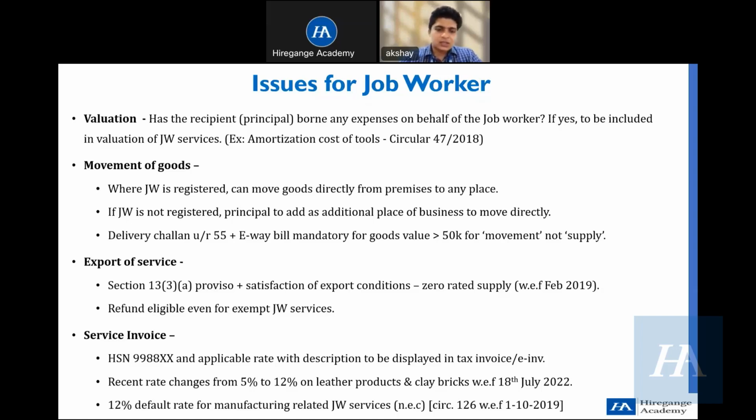In these situations, satisfaction of the export conditions, which are also defined in the IGST Act, can be done based on this change.